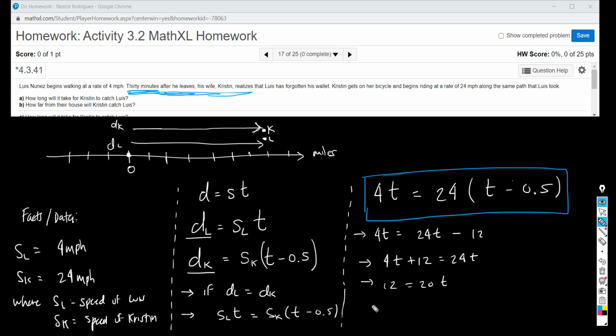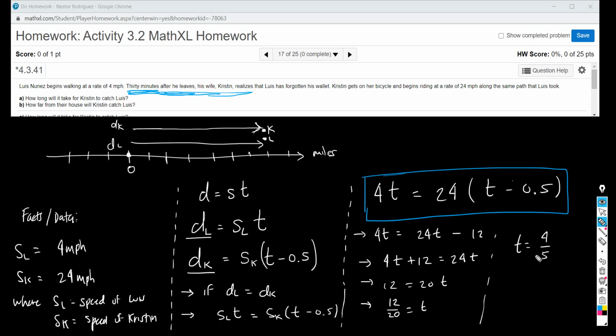I get this, right? And then I divide by 20 on both sides. 12 over 20 equals t. And that's it. 12 over 20 is going to be 4 over 5. This is the most reduced fraction.